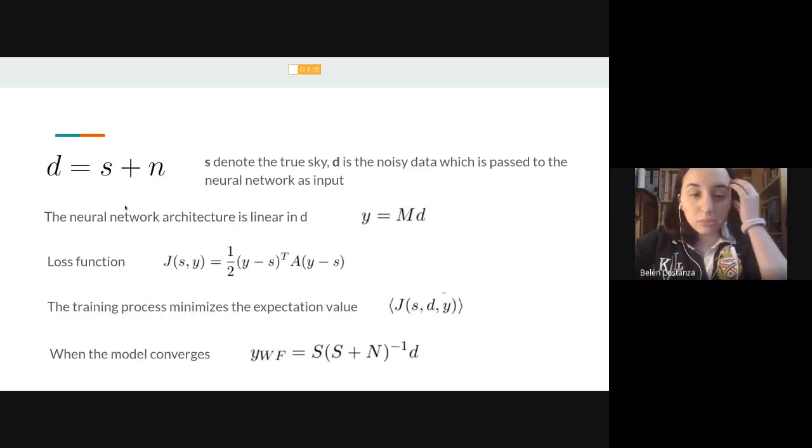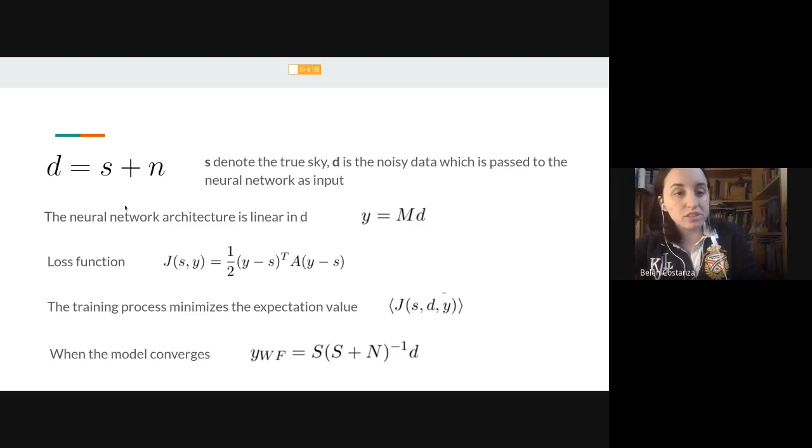As input, we have noisy maps of the CMB, which are equal to the true sky or the signal plus the noise. And the neural network architecture is linear in the data, because we want the prediction of the neural network to reproduce the Wiener filter. Here Y represents the prediction of the neural network, and M is a matrix that is learned during the training process.